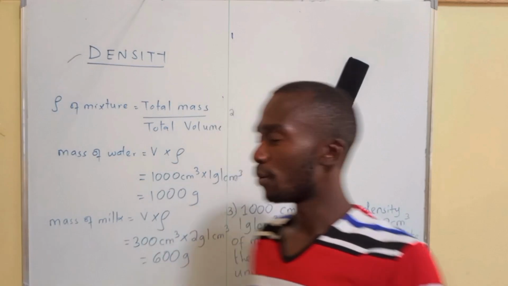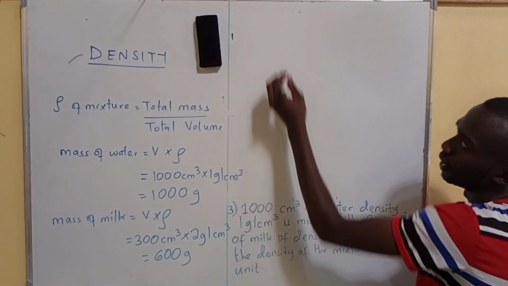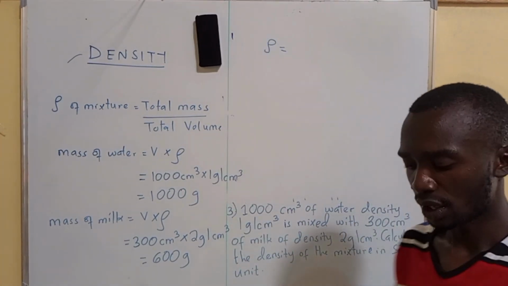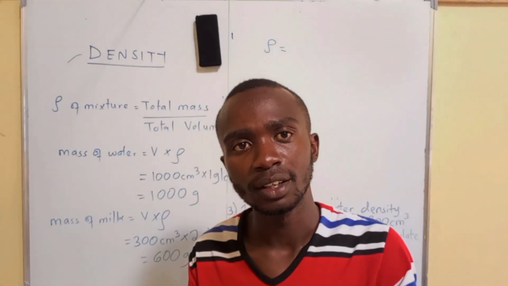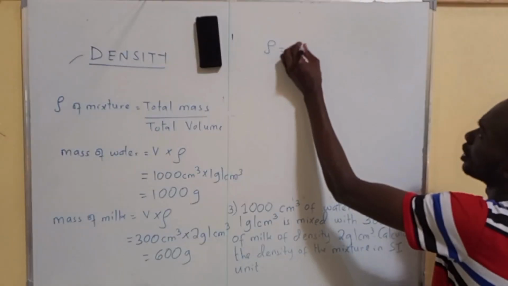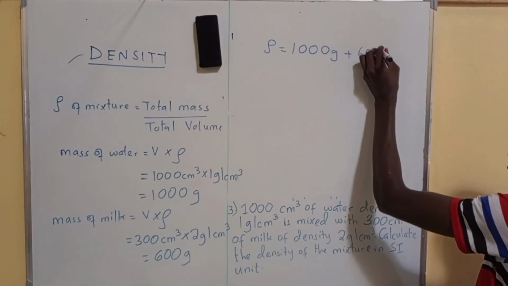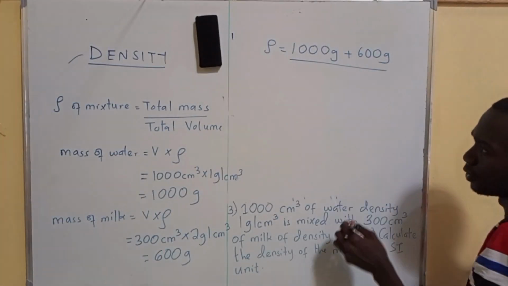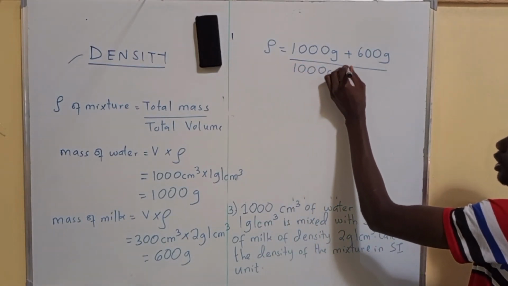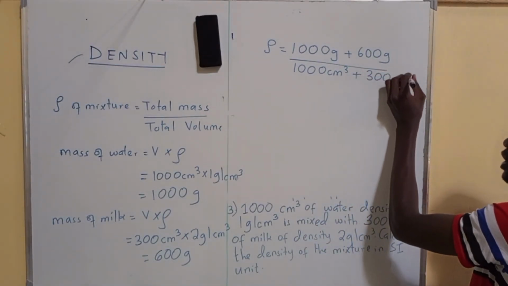So using the formula, density of the mixture is the same as the total mass over the total volume. So density is the same as the summation of the mass of water and milk, and the summation of the volume of water and the volume of the milk. So that is the same as 1,000 grams plus 600 grams over the volume of water, which is 1,000 cubic centimeters, plus the volume of the milk, 300 cubic centimeters.